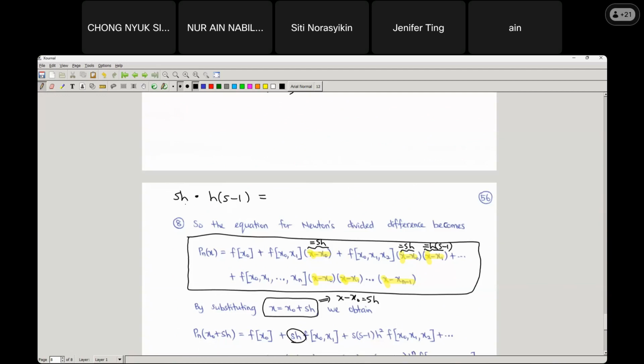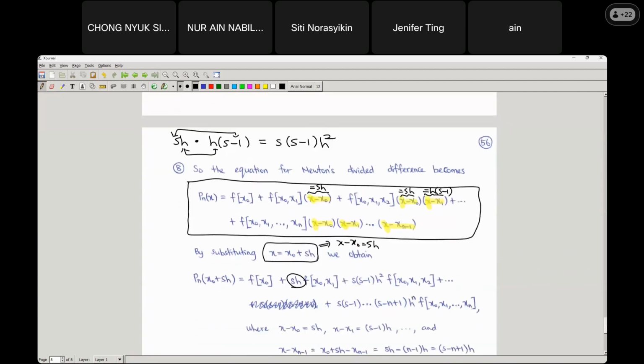Now we have h and h, so we have h squared. The s and this one can be one group. So we have s times (s minus 1) times h squared. This is how we get this term. All right, and you proceed to the next.